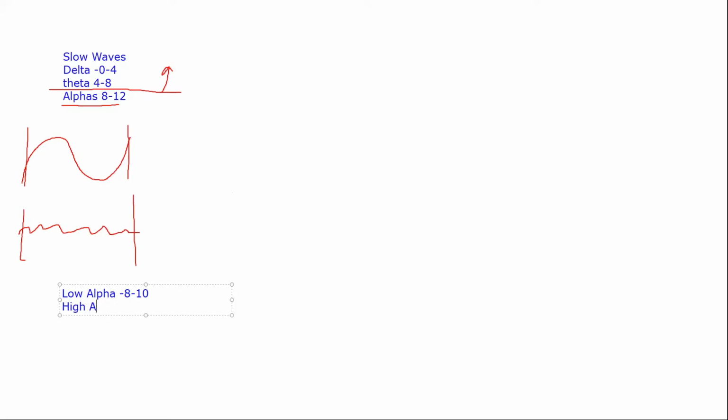We're not talking about the amplitude or the height of the brainwave. We're talking about its frequency, which would be 10 to 12, okay? So what happens in these? In low alpha, I'm coming up with ideas, but these are more like imagination.